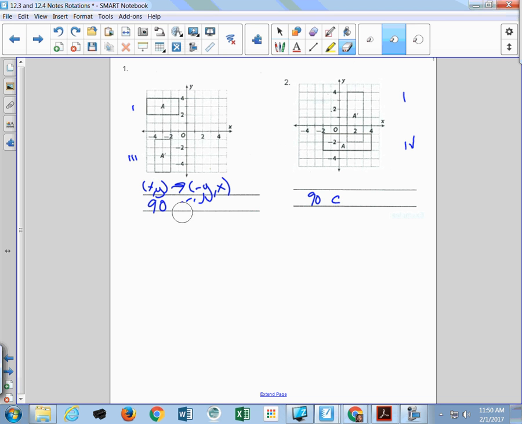Sorry, no, that went down. So that was counterclockwise. This went counterclockwise as well. Okay, so that's the same rule. Negative y, x. Okay. Now we've got 2 more problems and we'll be done with this long video.